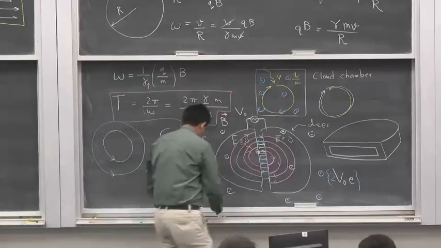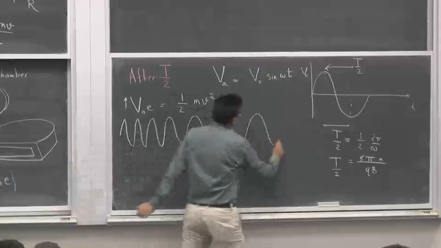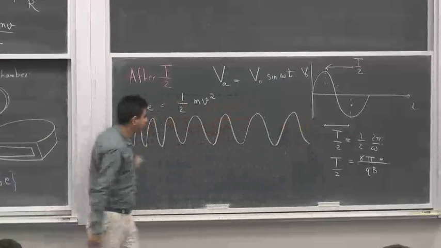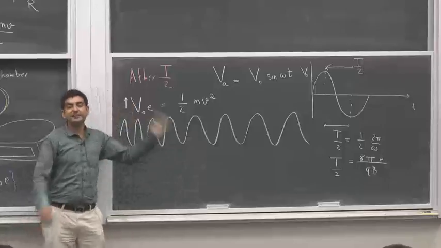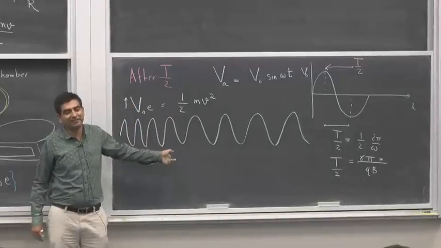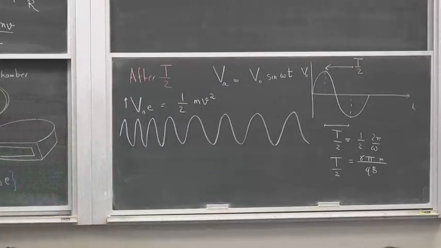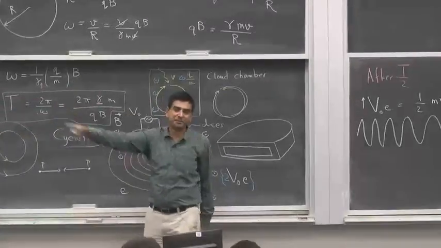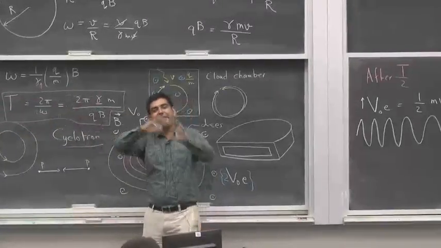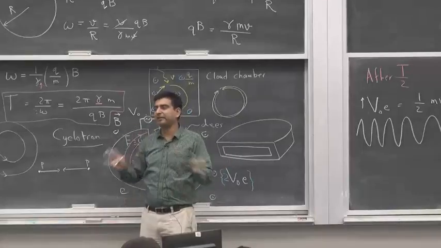So one possibility is that you start off with a high frequency, but as the speed goes on increasing, the frequency of this applied voltage goes down. Now I'm drawing an exaggerated diagram, but this is the kind of signal that you would like to apply. But it is difficult to apply. You can actually keep this constant, but you can vary this. This magnetic field can be ramped down with the passage of time, so that everything matches and everything is synchronized, and you have something that is properly under your control.